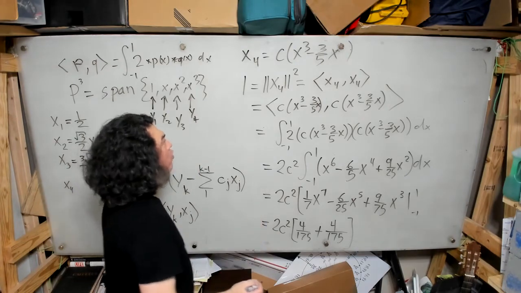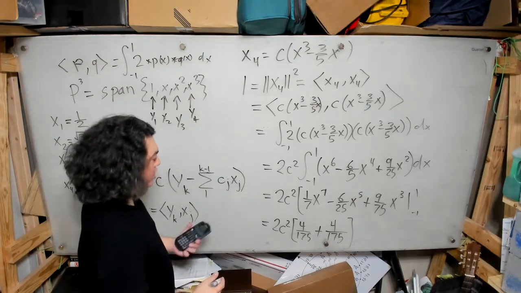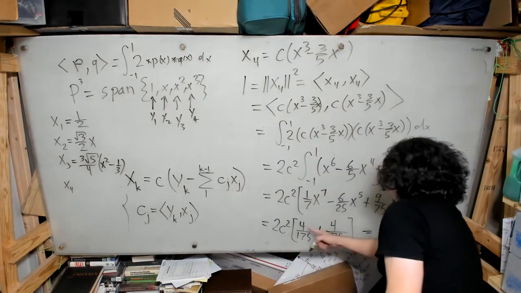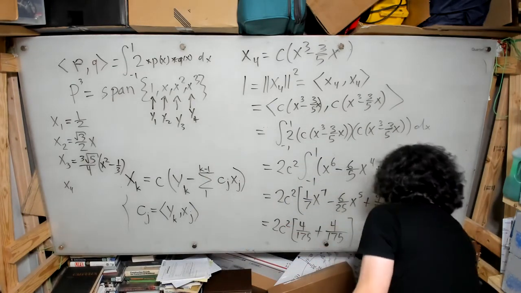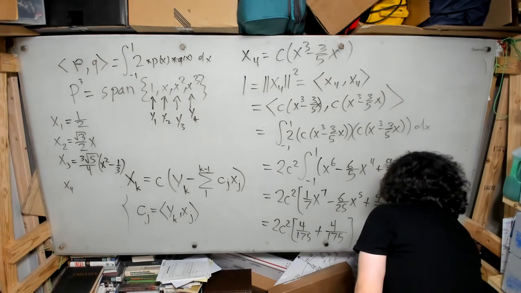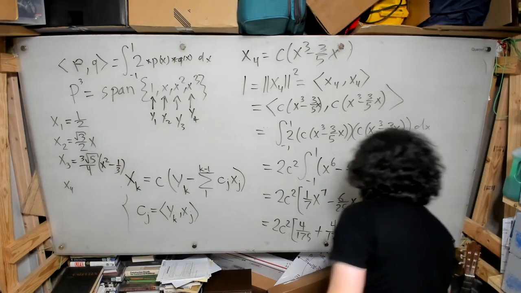So in other words, we have gotten to the situation, okay, let me write that down here. 4 plus 4 is 8, times 2 is 16, c squared over 175. Okay.